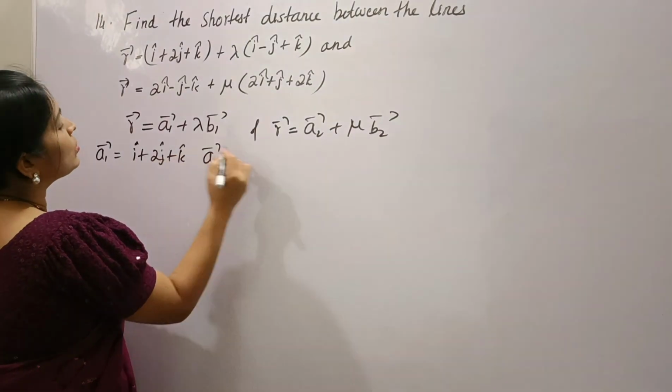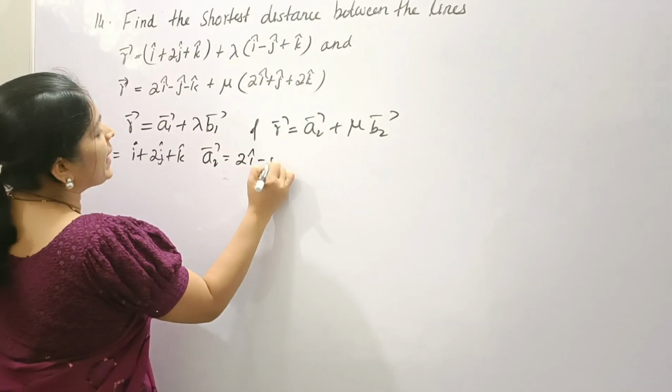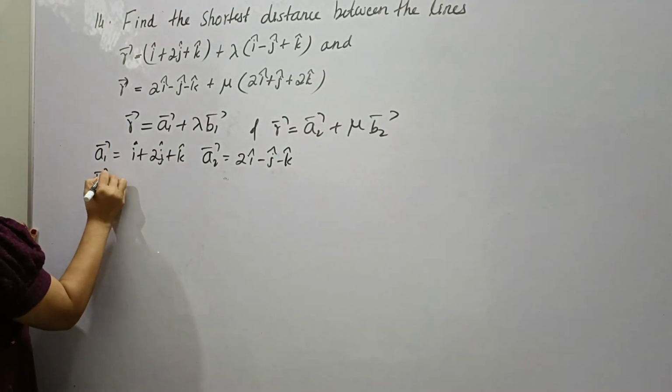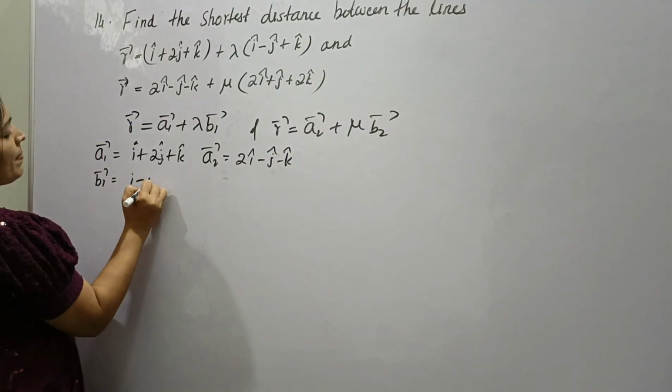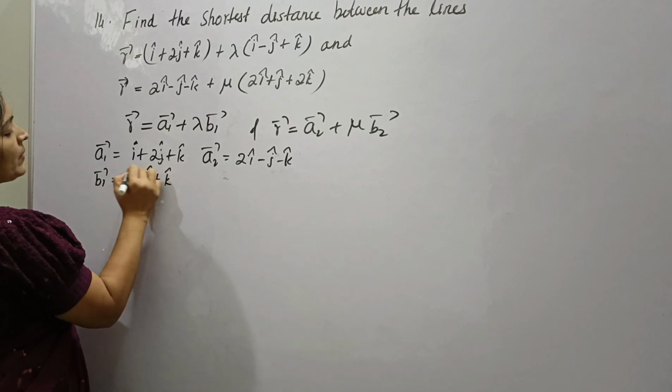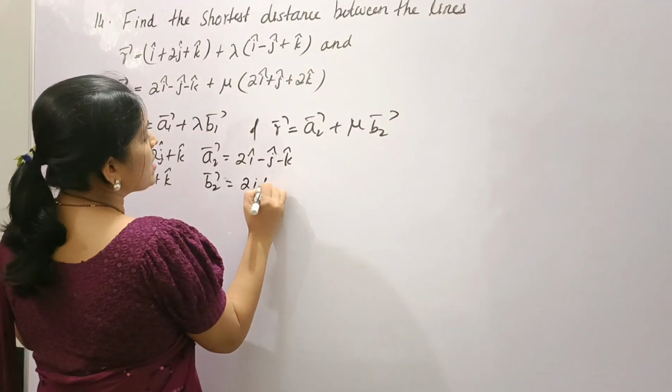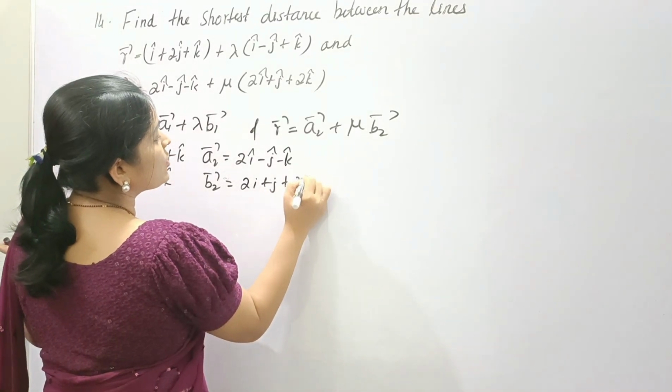Vector a2 is equal to 2i - j - k. Vector b1 is equal to i - j + k. Vector b2 is equal to 2i + j + 2k.